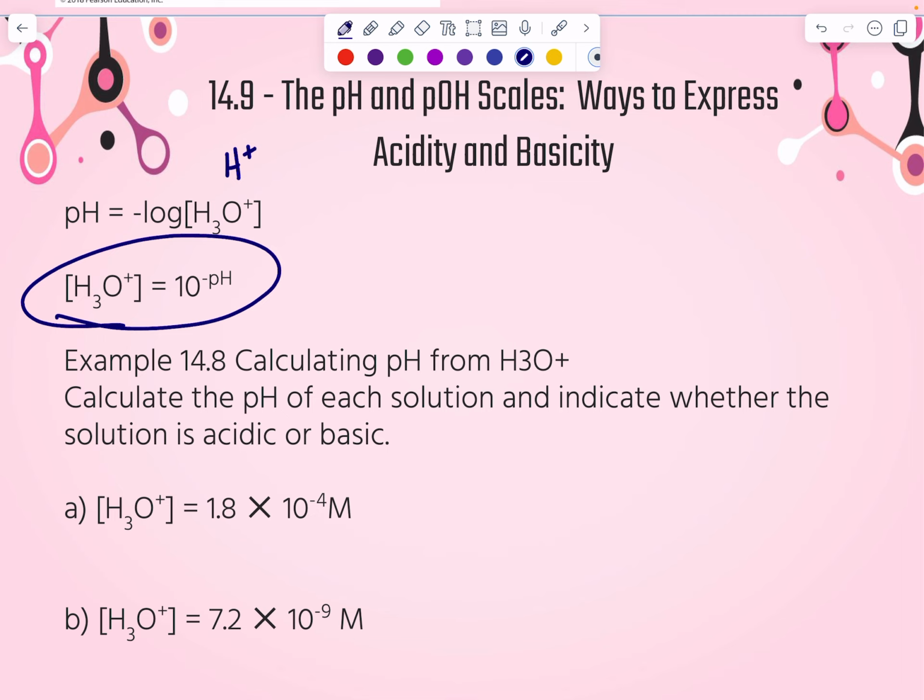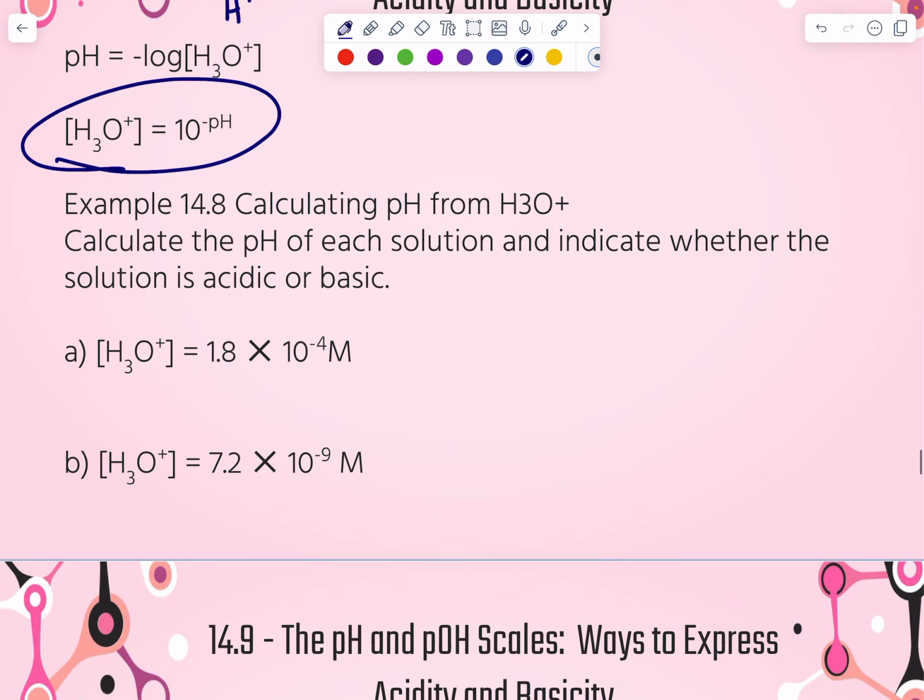So if I take a look at these solutions right here, this says calculate the pH of each solution and indicate whether they are acidic or basic. So all I'm going to do here is in my calculator, press the negative button, press the log button, and then 1.8 times 10 to negative 4.